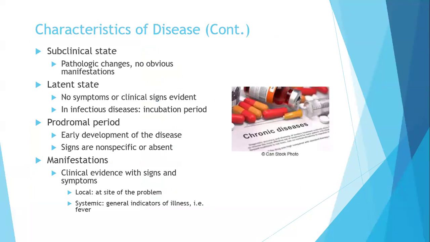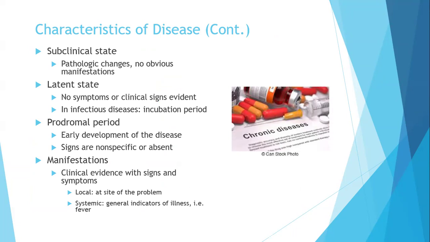So the subclinical state exists in some conditions where pathological changes have started, but there are no obvious manifestations yet. So a lot of times the disease agent is a microorganism like a bacterium, there is an incubation period where the bacteria have to form colonies before they start really wreaking havoc on your body.